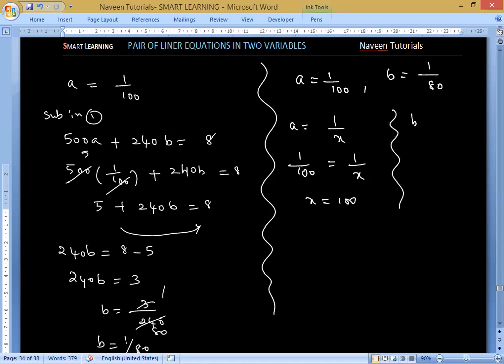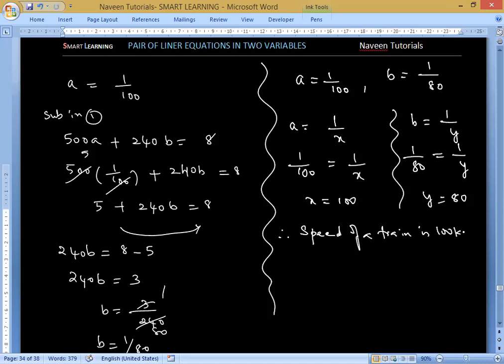And B is equal to 1 by Y, so 1 by 80 is equal to 1 by Y, so Y is equal to 80. Therefore, the speed of the train is 100 kilometers per hour, and the speed of the car is 80 kilometers per hour.